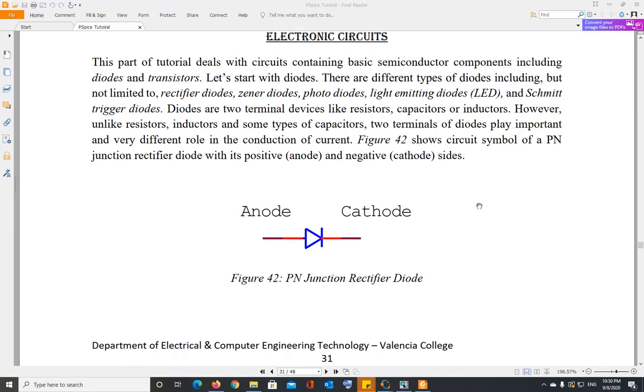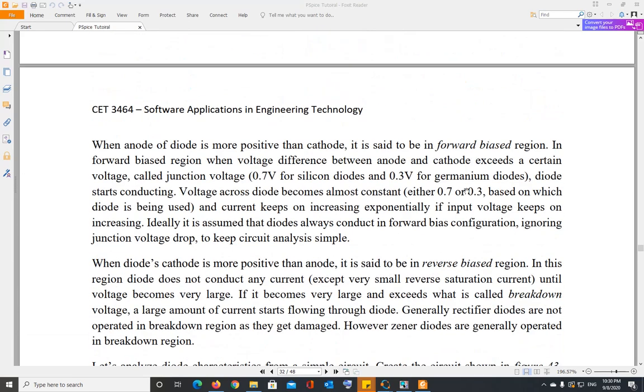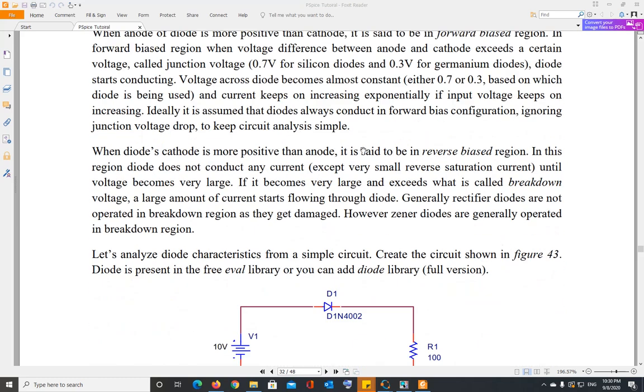So I have put some detail of diodes, how they work, in the tutorial, and make sure you go over that. Again, the theory is not required in this course. You will study diodes in semiconductor devices, in power electronics if you take that course, if you're electrical concentration. But again, theory is not required, but it will be extremely beneficial for you to at least go through some of the basic stuff about the diode that I have put together in this tutorial.